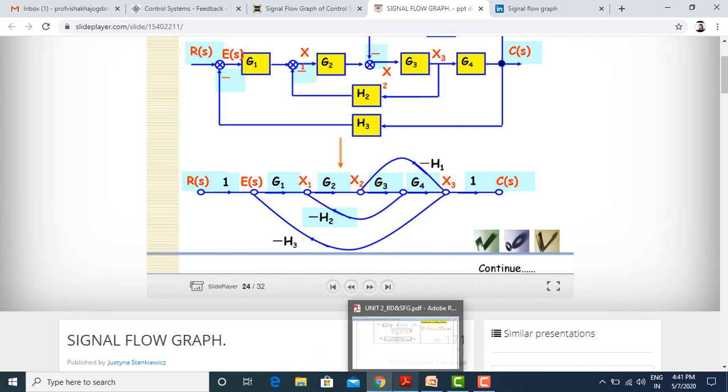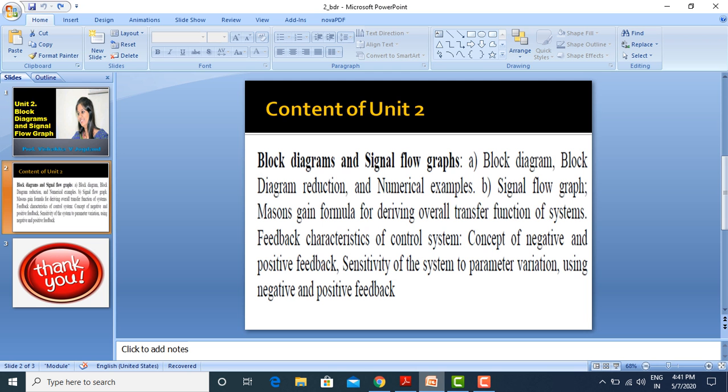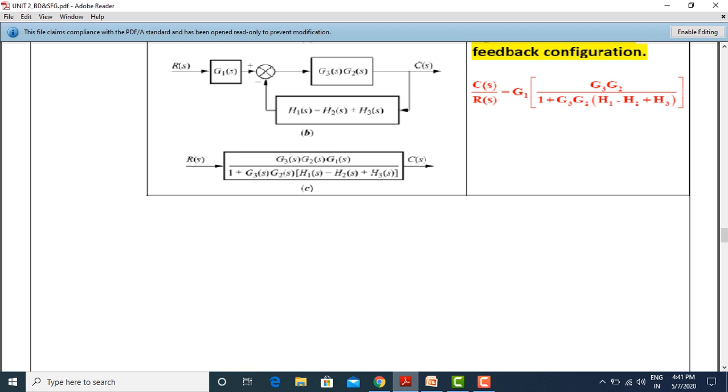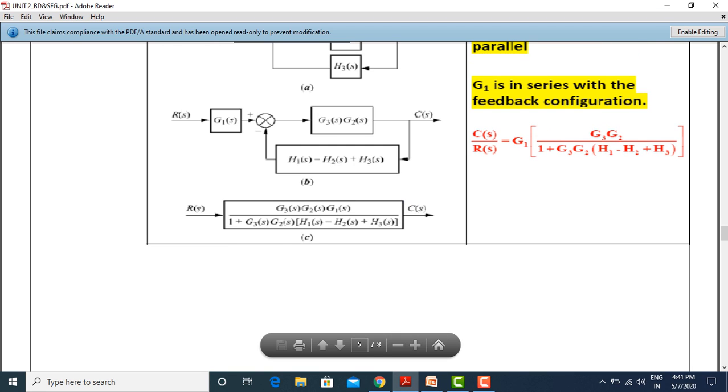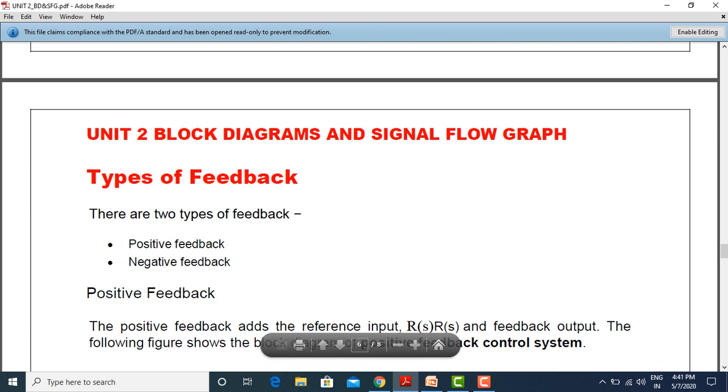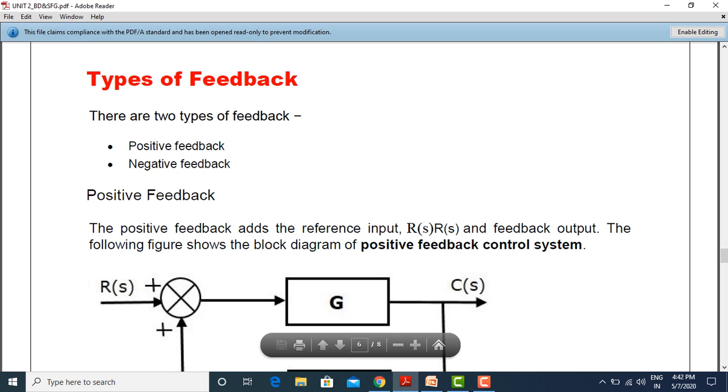Now what is remaining? Feedback characteristics of control system. So there are two types of feedback, positive feedback and negative feedback. The positive feedback adds the reference input.